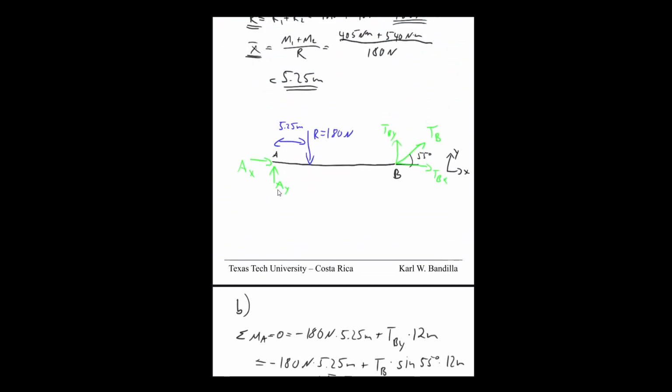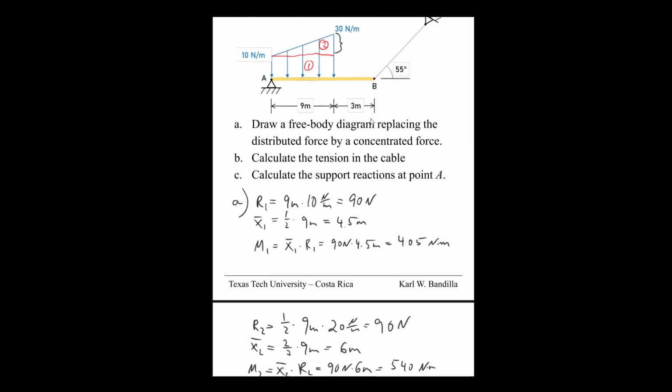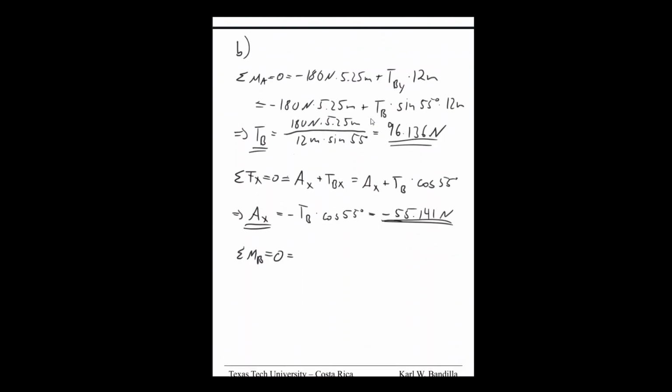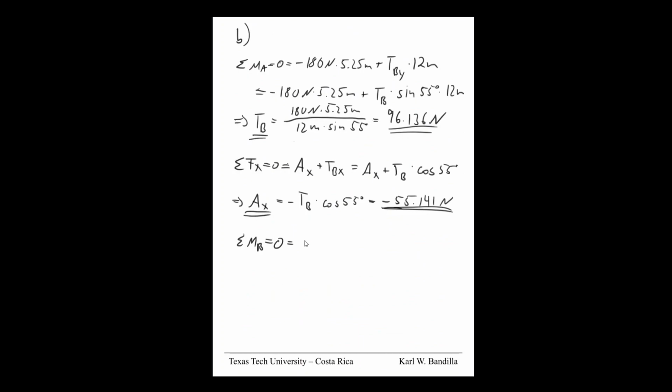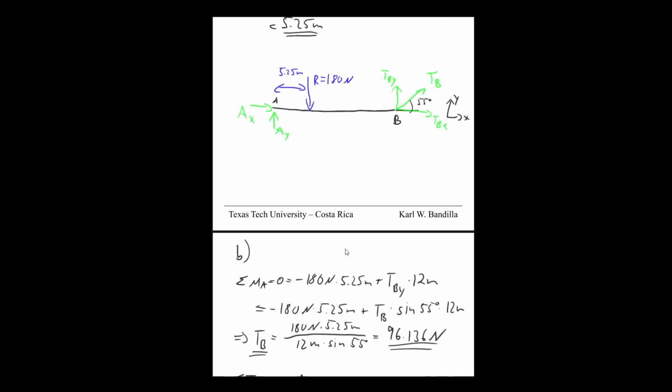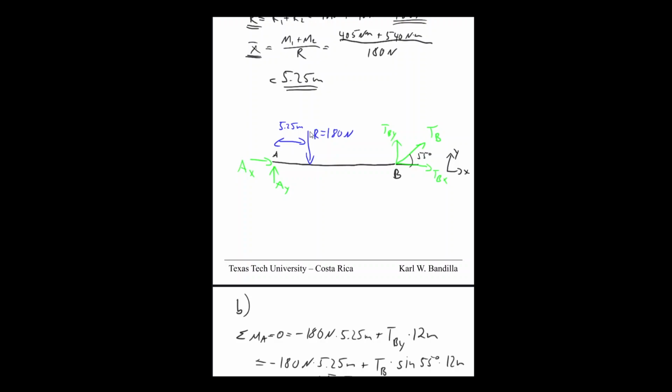Well, we get, of course, AY. That's what we're looking for. That is going clockwise, and the bar was 12 meters. So we get minus AY times 12 meters. And then we get our resultant force from the distributed load. That is turning counterclockwise.